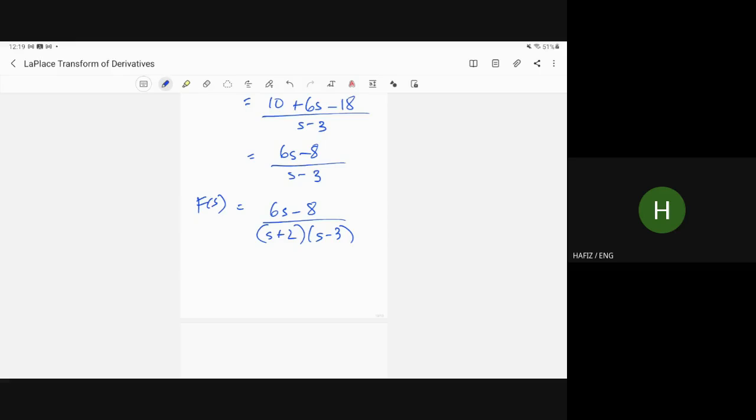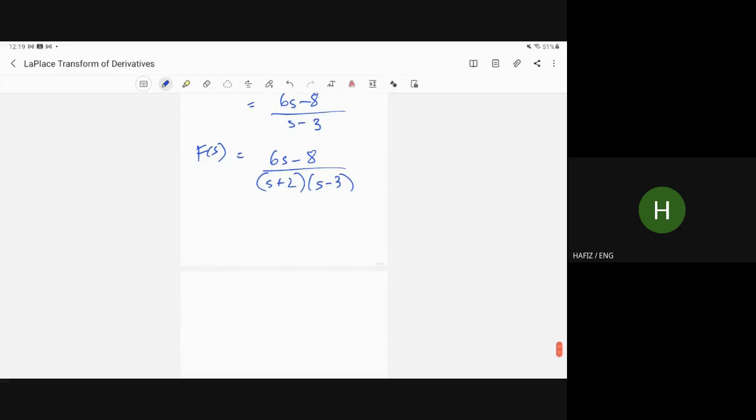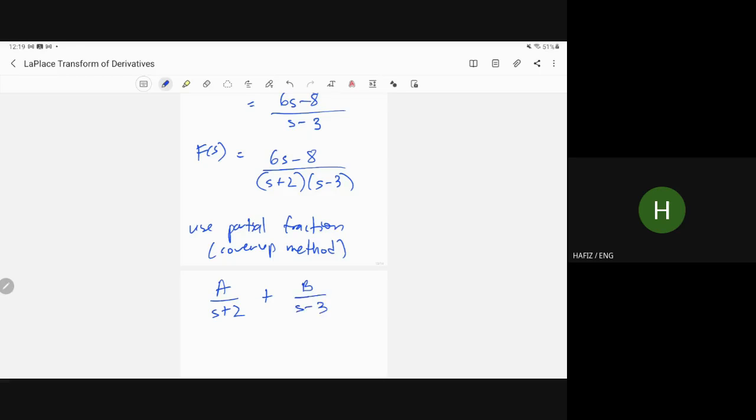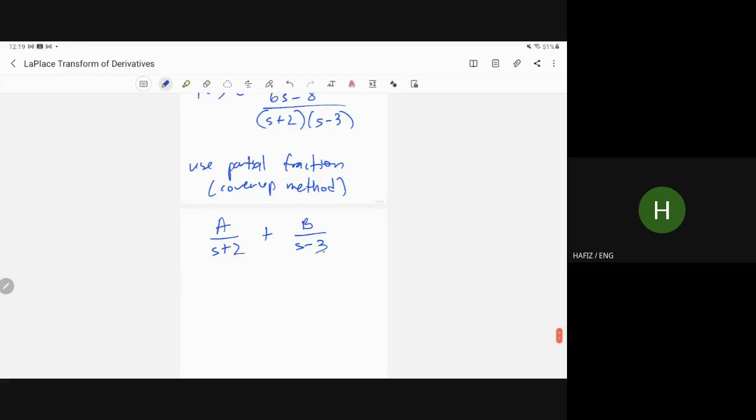Okay, so breaking it down, we can use partial fractions. We can also use the cover-up method. Okay, so we have A over s plus 2 plus B over s minus 3. So to find A, we set s equals to minus 2.